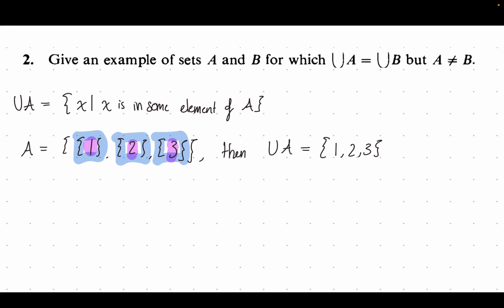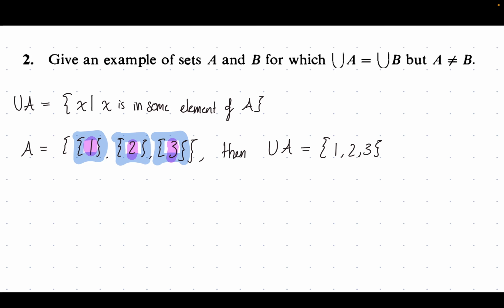Now the question is, is the union operator unique? Does it always produce a unique answer? Or like, if you know the union of a set, does that mean that you can go back and find the set itself? Turns out this is not true, and this is what the exercise is trying to show us.